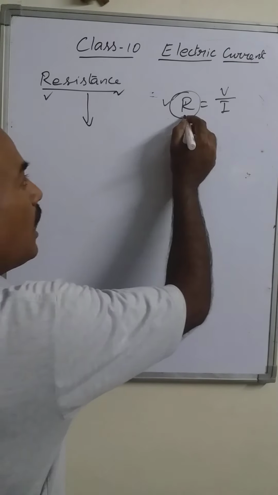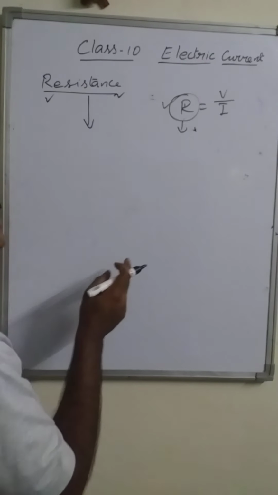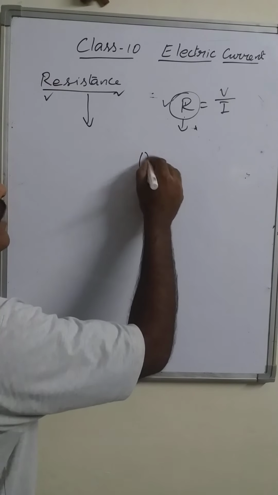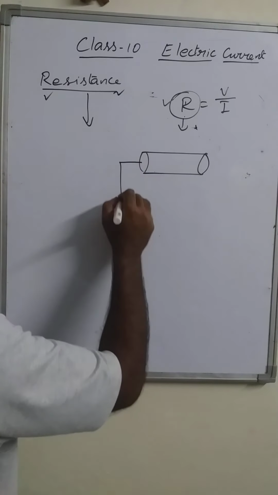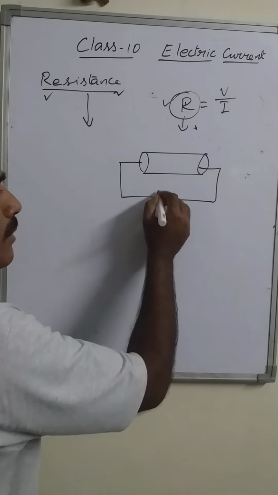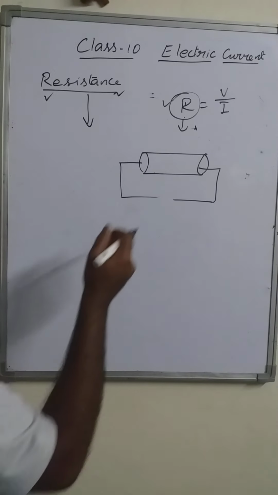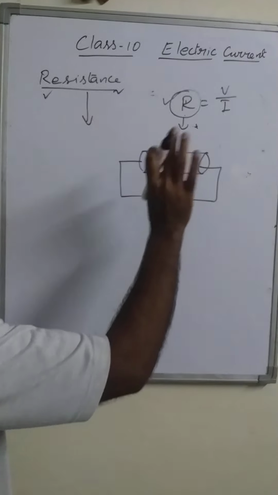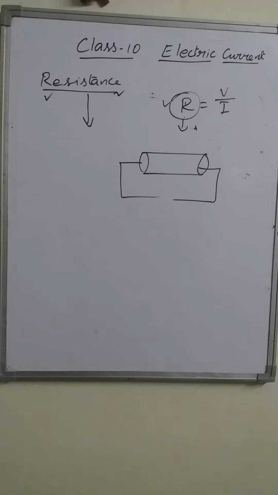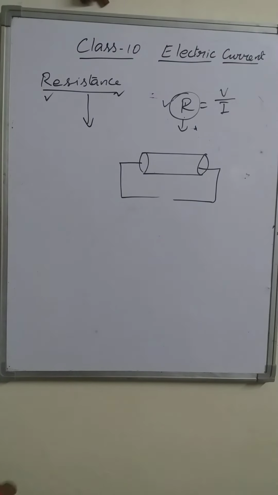The resistance R of any particular conductor does not depend on how much potential difference we apply. It may be a single cell of 1.5 volts, or 2 cells or 3 cells. According to the change of potential difference, the resistance will not change. It is its internal property, its basic characteristic of the conductor.